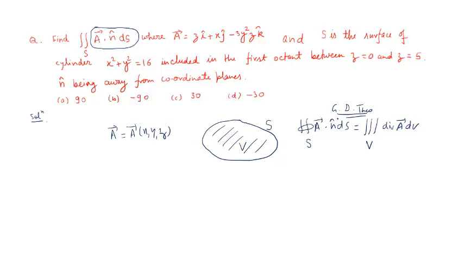So this is the Gauss divergence theorem. But for it to be applicable, the surface should be a closed surface.